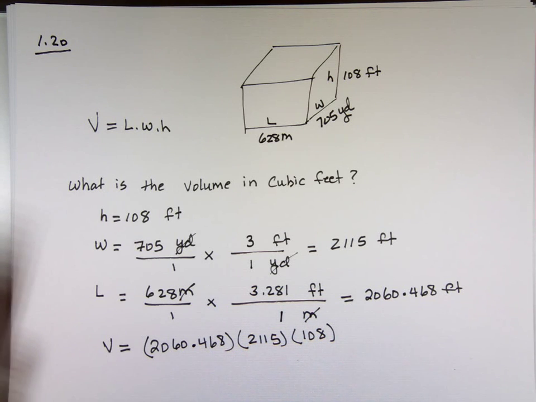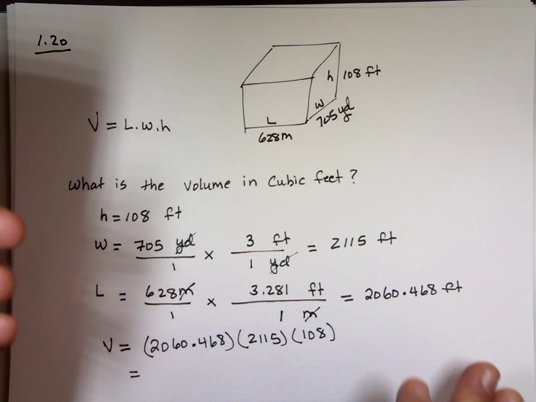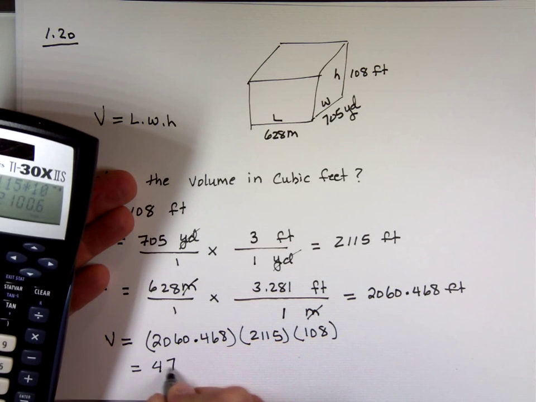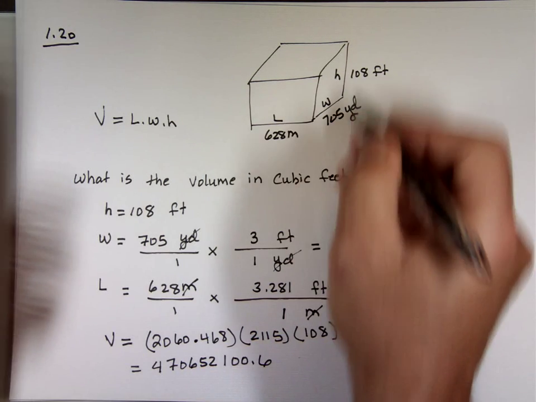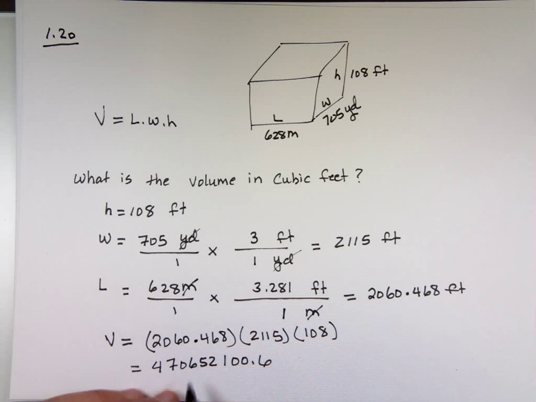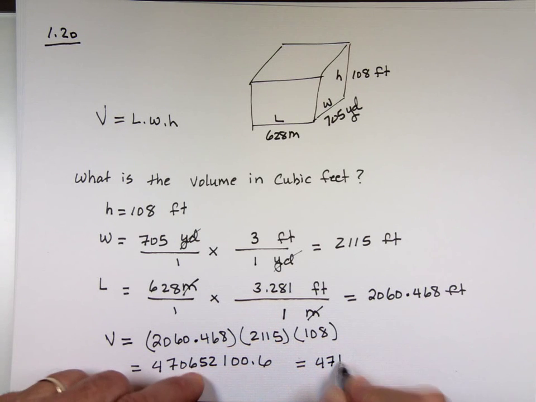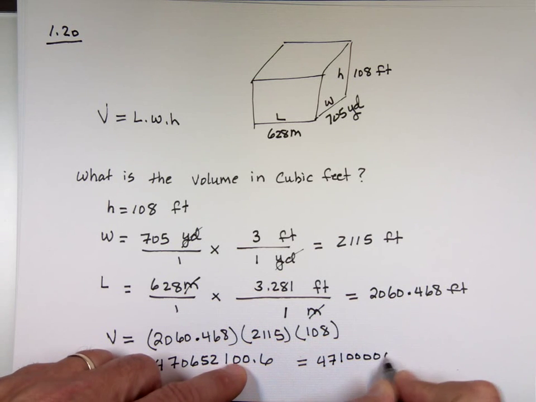Times the 108. And my answer for that is, and I'll switch that to 3 significant digits after, 470652100.6. Since all my numbers are 3 significant digits, I need to convert that to 3 significant digits, and this will be 471000000.